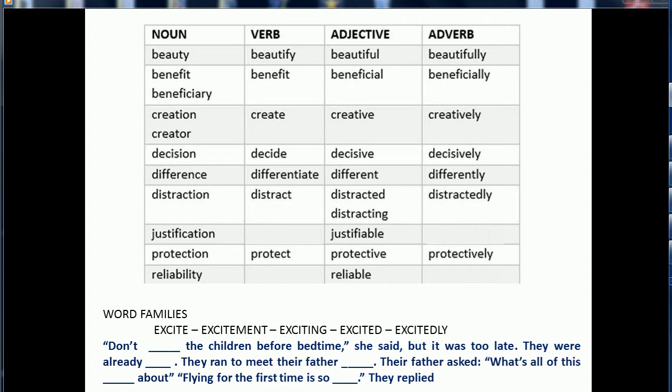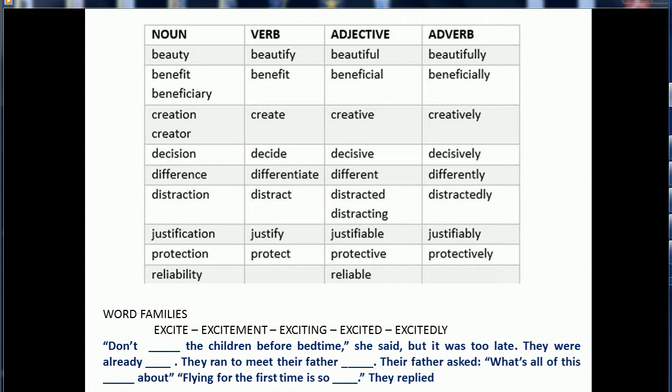And then we have justification as a noun, as a verb it is justify, as an adjective it is justifiable, and then as an adverb it is justifiably. Protection, protect, protective, protectively. So you see here this example as a noun, as a verb, an adjective, and finally as an adverb.